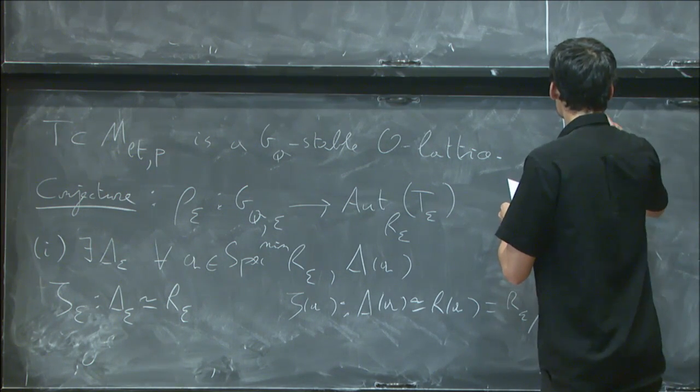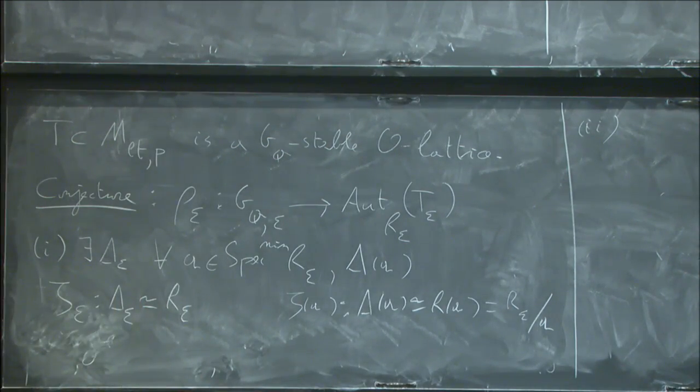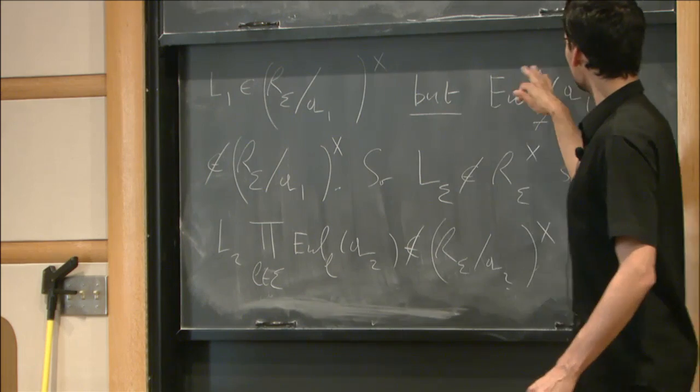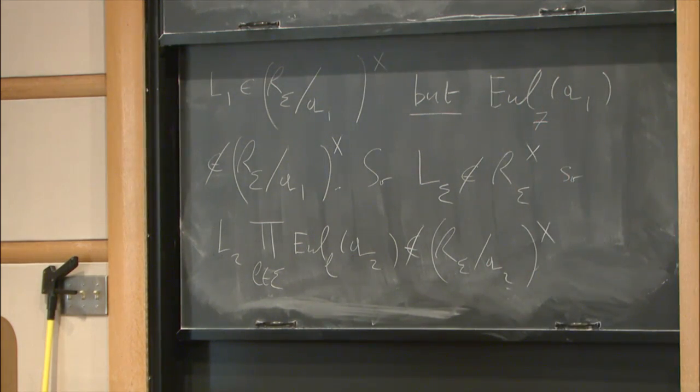Two. Well, I said here that I could compute that the Euler factor was or was not a unit simply by specializing at the elliptic curve. So I need to be able to do that.